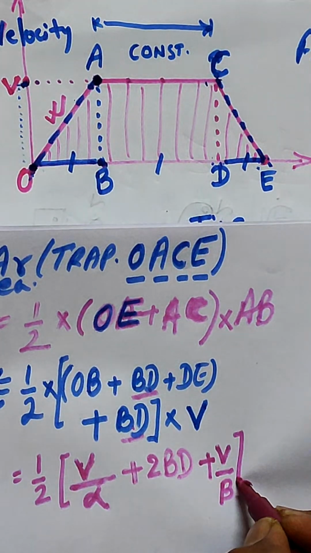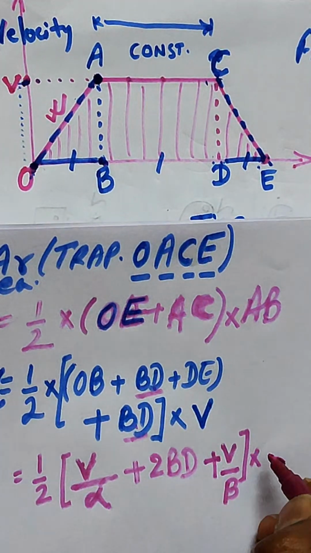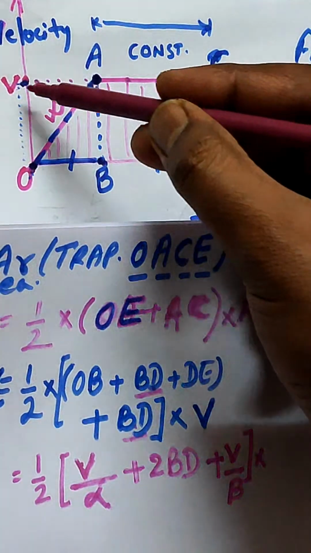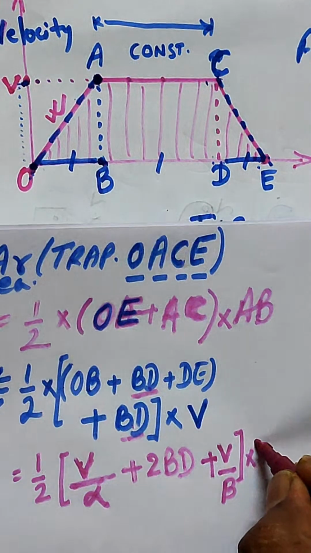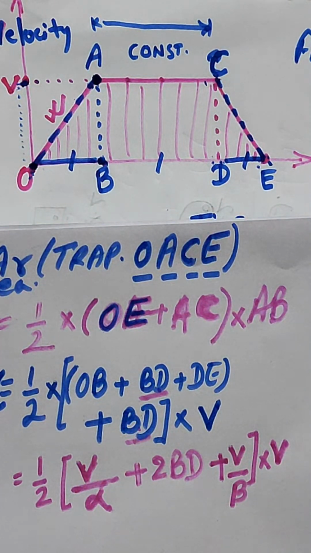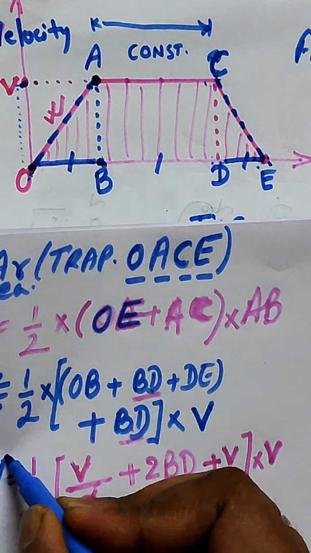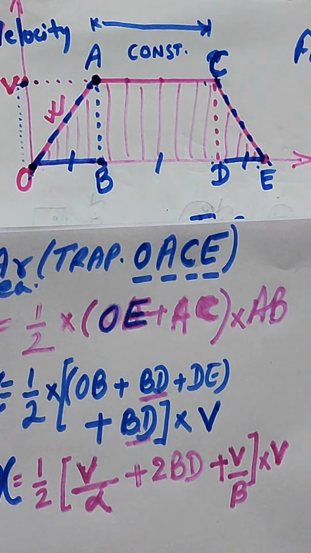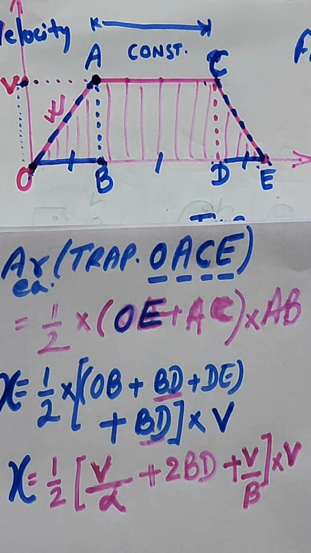And all this will be multiplied with AB. And what is the value of AB? It's V, right? And all this is equal to X, X in the LHS.